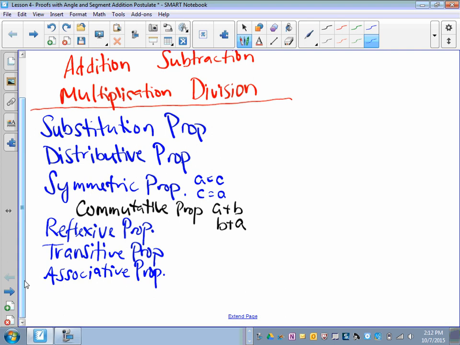Then we also have our multiplicative inverse and our identities. We don't use those as often, but those are options as well. Multiplicative inverse and identity, and additive inverse and identity.